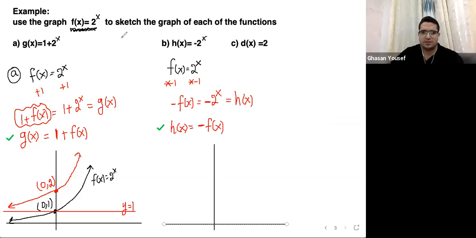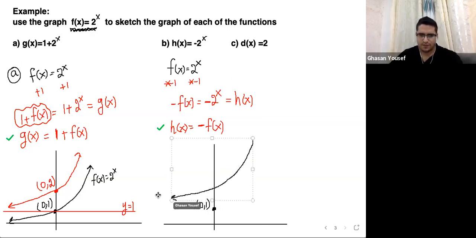So this is my original function f of x equal 2 to the power x, the black one. Again, the curve will pass through the point (0, 1). Now we have to reflect it around the x-axis. Okay, let me bring this up.